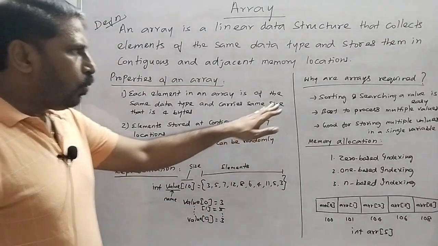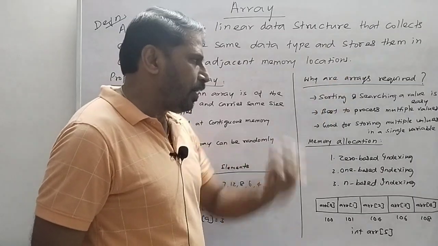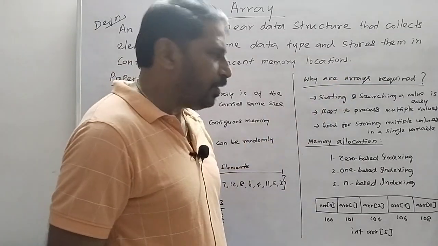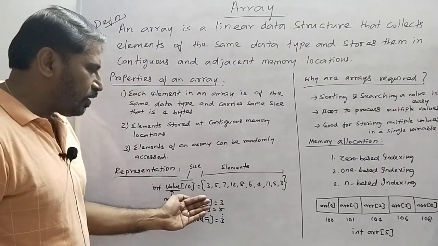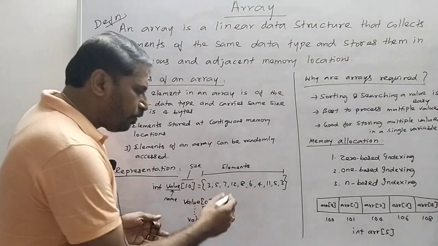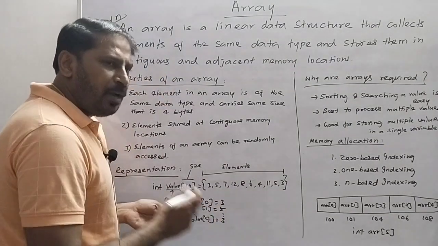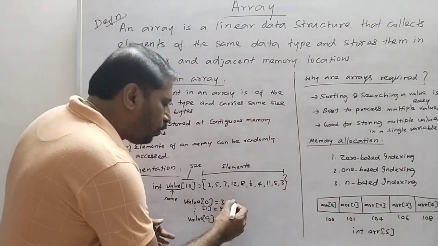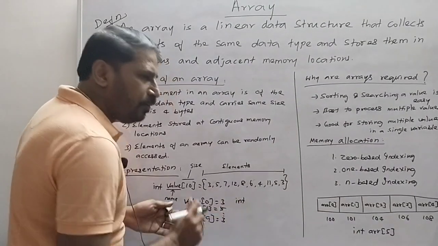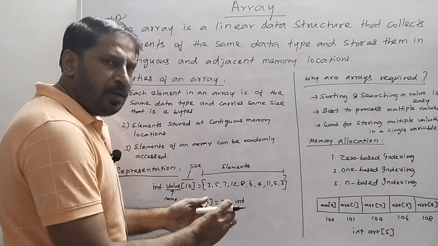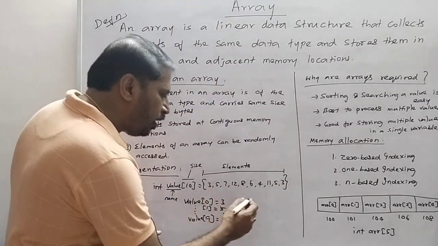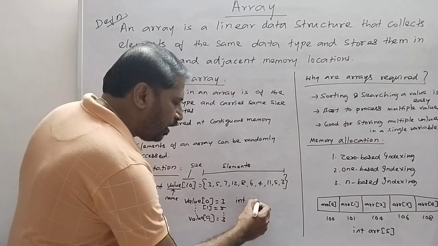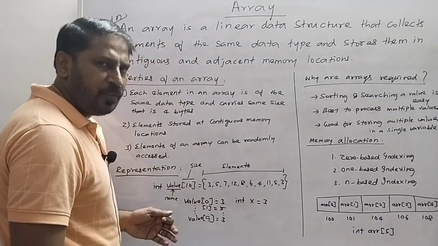Okay. So, why are arrays required? What is the necessity of an array? Before using arrays, whatever numbers we want to store, we have to declare a separate variable for each and every number. Suppose I want to store the number 3, I represent int x = 3.